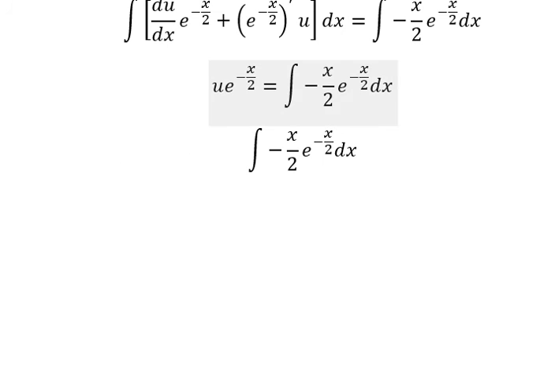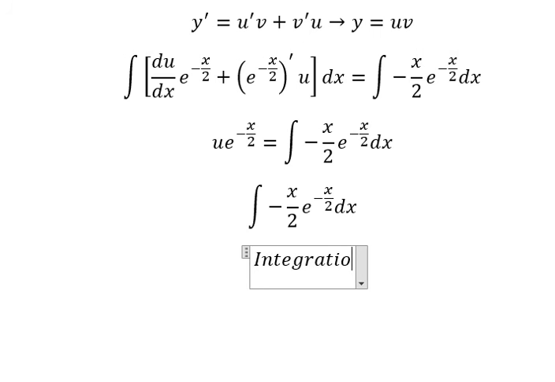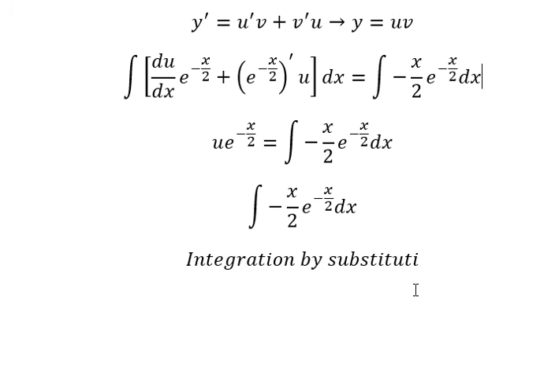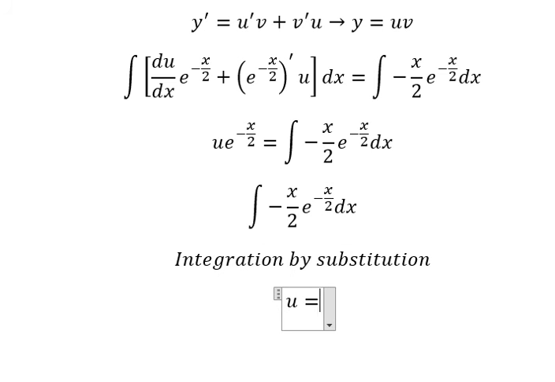So I will use integration by substitution. So I will put u equals negative s over 2. So I will do the first derivative.